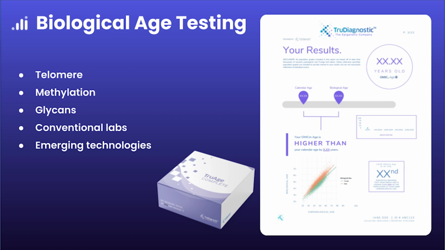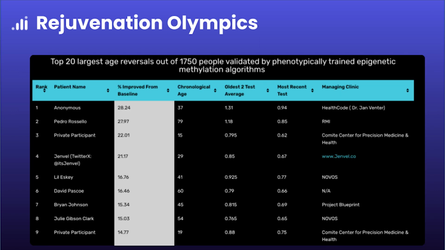Yeah. All right. So then the next question is like, okay, great. So I've got my baseline, Dr. Brad, and sorry, before we do that, I thought this was interesting. I just wanted to throw it up here, but this is the rejuvenationolympics.com website. And this is essentially a public website where some of the top longevity biohackers out there and some of the top longevity practices are uploading the Dunedin PACE results.